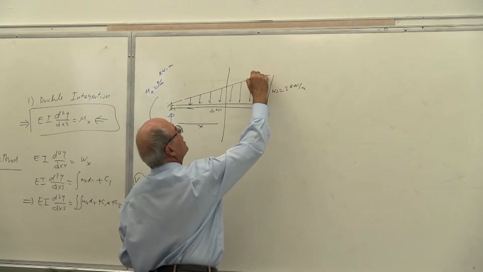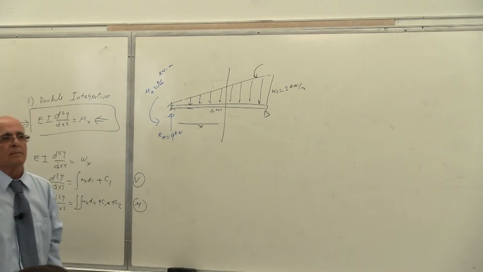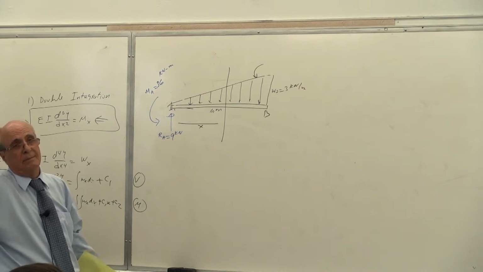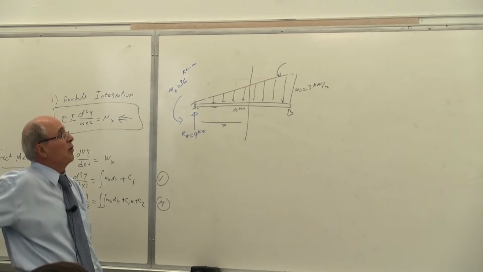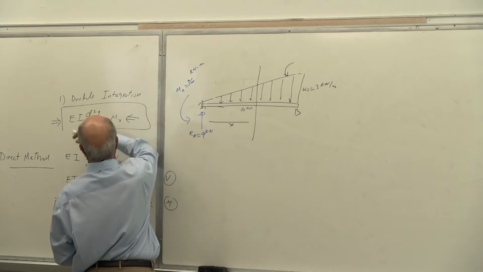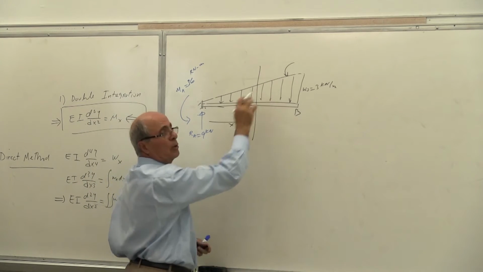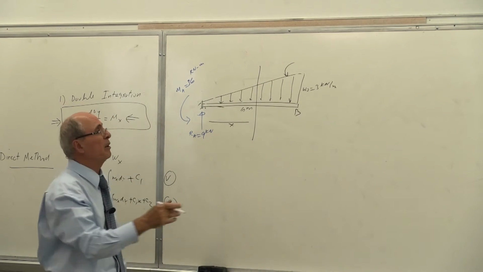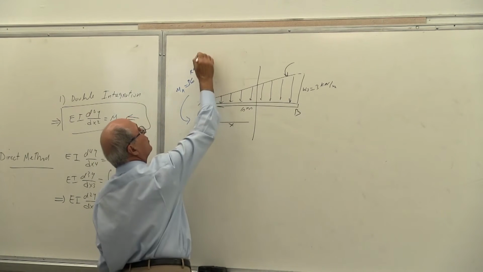Before we do that, what's the equation of that line? First of all, that's load, it's not y. Actually, I call this one x and y because of the deformation. But when it comes to x and load, this is load. These are different. This is x. When I write it as a function of the load, I have to call this w.